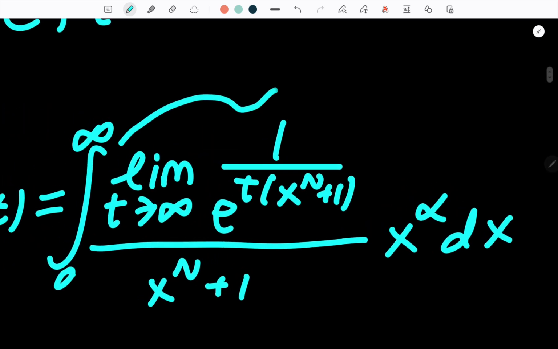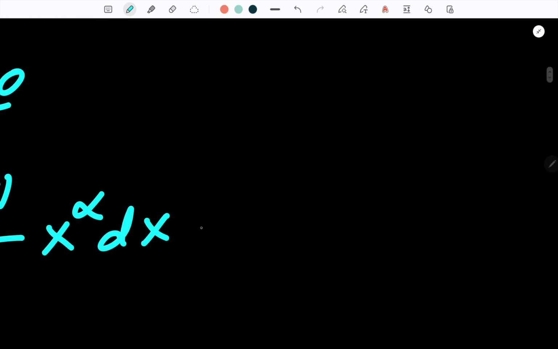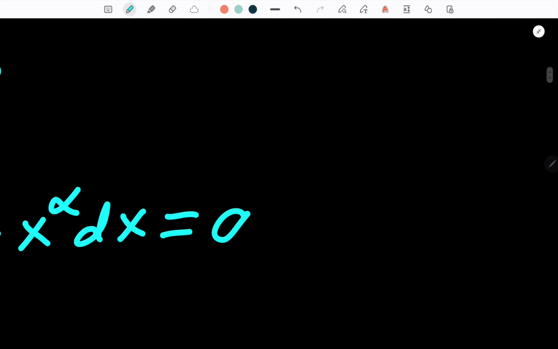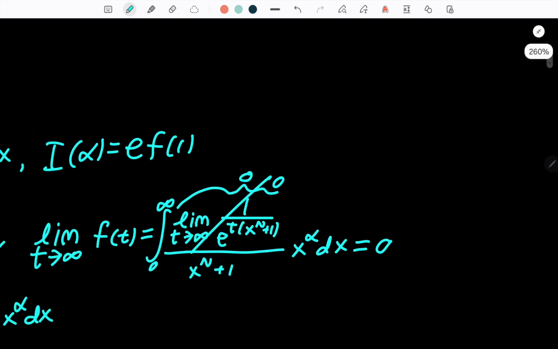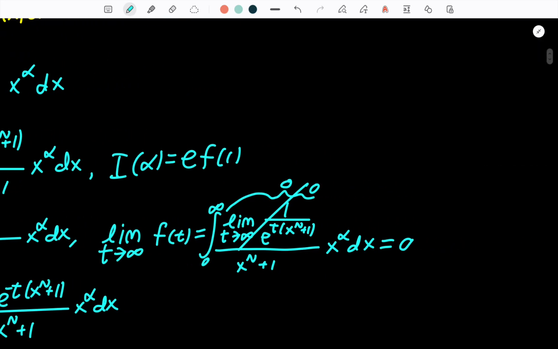And this limit right here is just going to collapse to 0. Therefore, the whole integral, the limit as t goes to infinity of f of t, is going to be 0. Now, hopefully this made sense. I know I kind of started off not really making any sense, but hopefully what I just did right here made a little bit more sense.